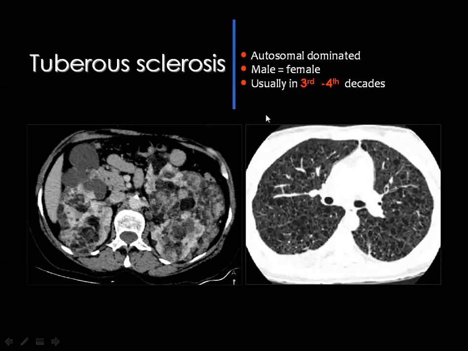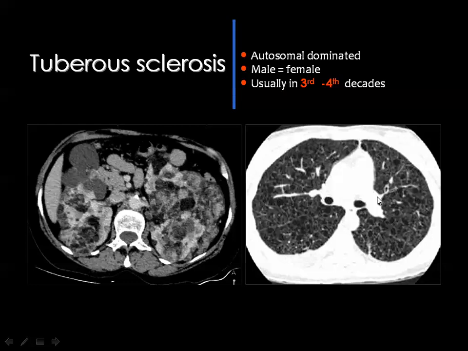One of the possibilities in this domain is tuberous sclerosis, which is an autosomal dominant disease, affects equally males and females, usually in the third and fourth decade. The disease affects the lung in a similar way to the previously mentioned lymphangioleiomyomatosis.